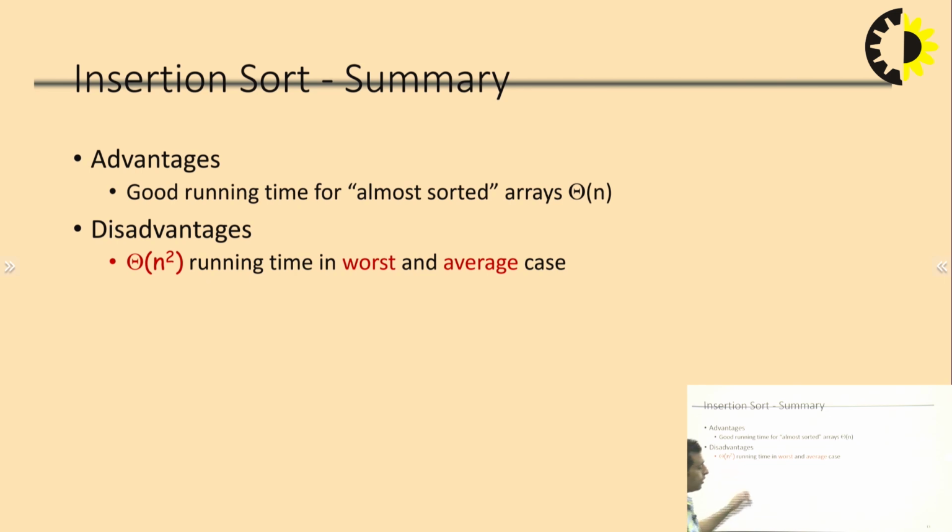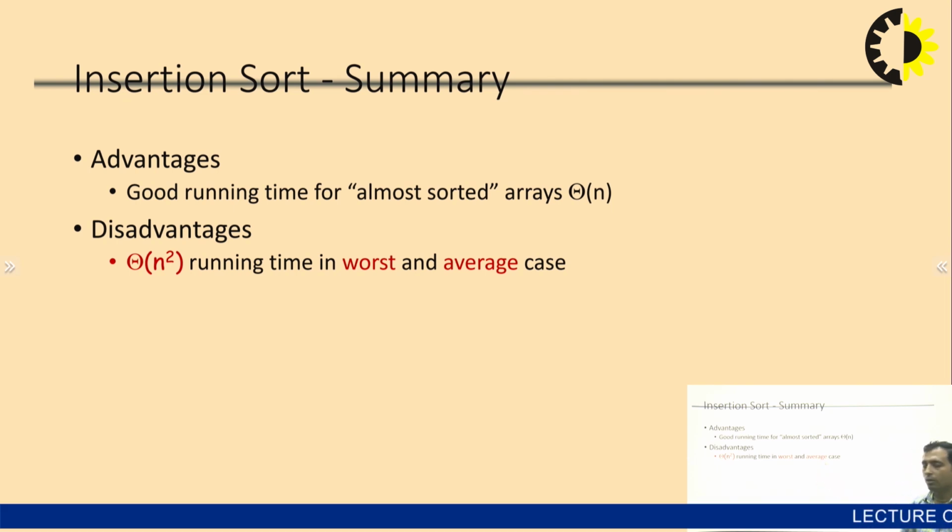So the summary for the insertion sort. What is the advantage? Good running time for almost sorted input, which means in the best case we are comparing only n elements. The disadvantage is the worst and average case, where we find n square running time. If we have a totally unsorted array, that is the worst case.